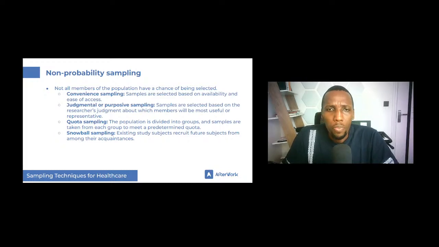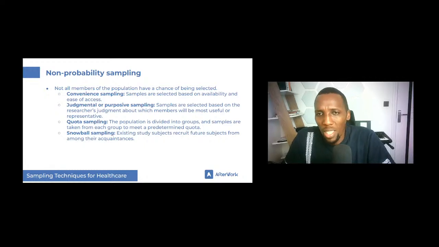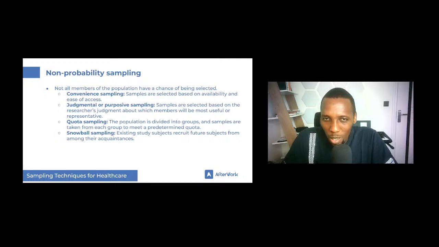For example, a researcher might stand outside a grocery store and survey the first 50 people who agree to participate. It's easier for them to just go out and get grocery store shoppers. But this method may not represent the entire population of grocery shoppers.